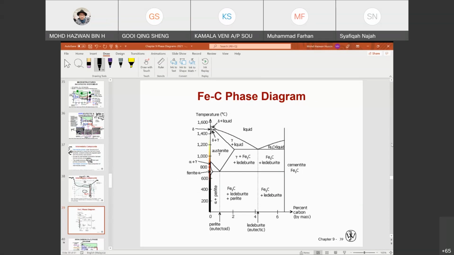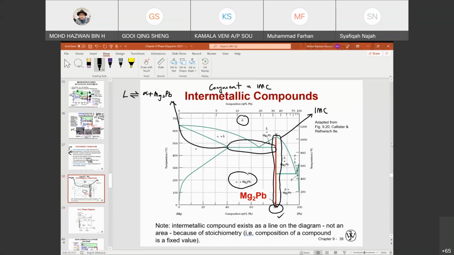So far we have looked into two or maybe three types of phase diagram. The first one, binary isomorphous. Second one, binary eutectic. Third one, maybe intermetallic compound, but this was not discussed much.